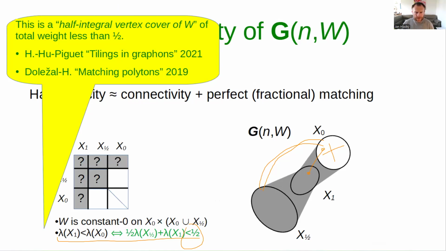We will discuss the specific details of half integrality and fractional covers of graphons in a later slide, so I will skim over them now.